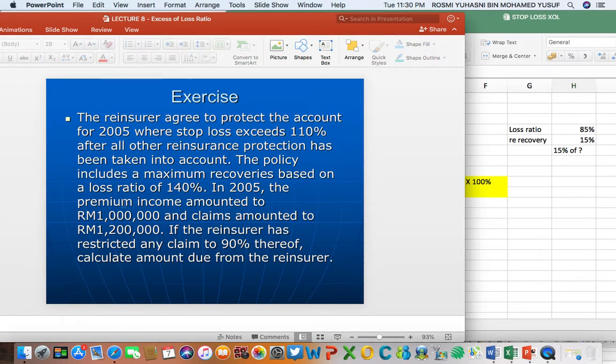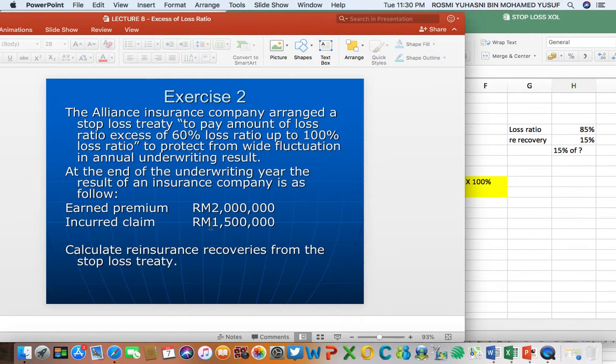So in 2005, the premium income is 1 million and the claims incurred is 1.2 million. If the reinsurer has restricted any claim to 90% thereof, calculate the amount due from the reinsurance. Very easy. The first thing you need to do is to calculate the loss ratio.